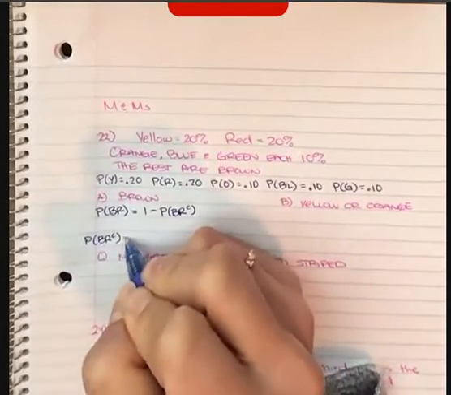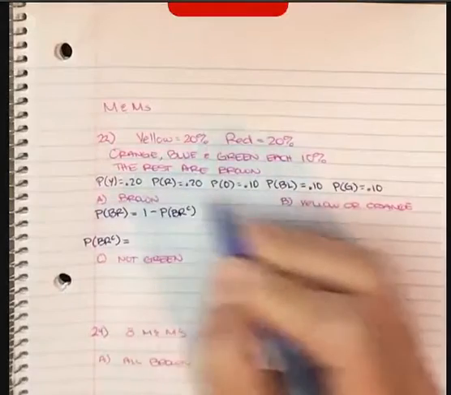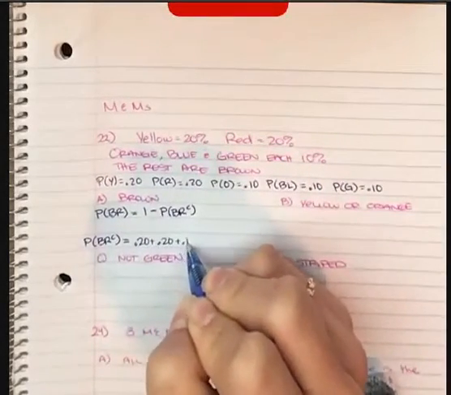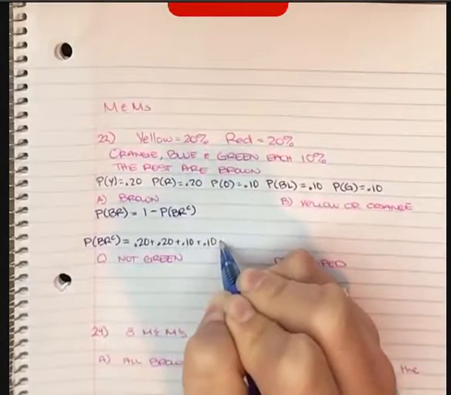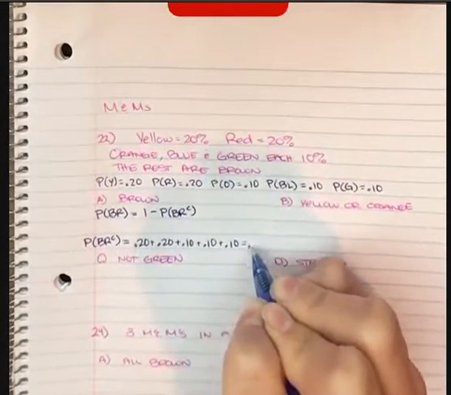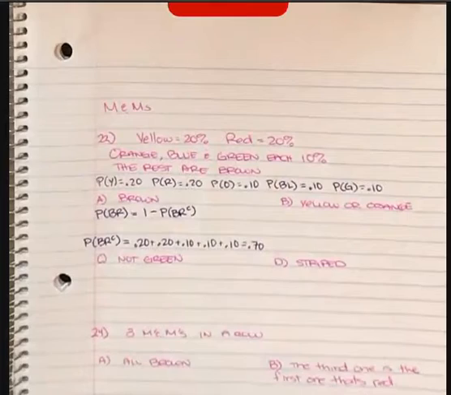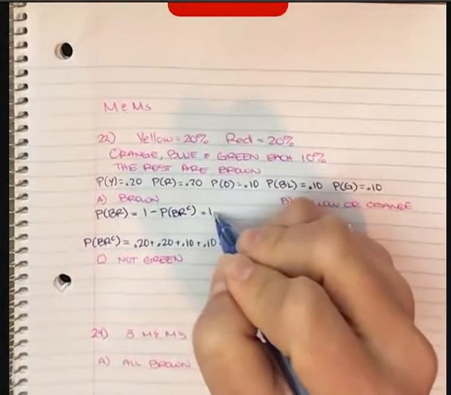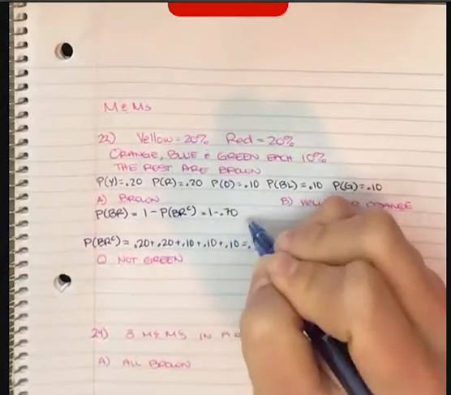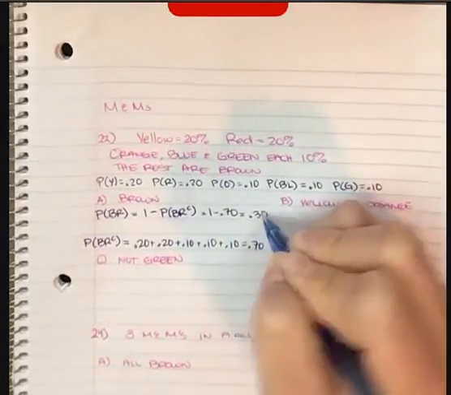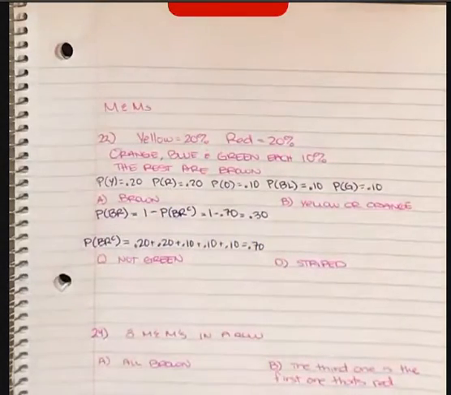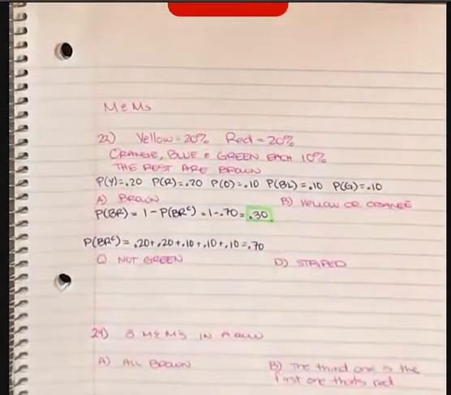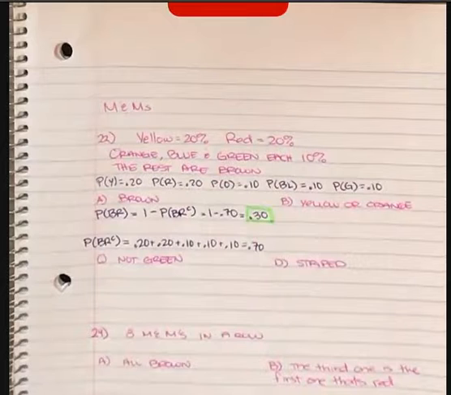It's all of these put together, so it's 0.20 plus 0.20 plus 0.10 plus 0.10 plus 0.10, which is 0.70. So that's the probability of not brown. So the probability of brown is 1 minus 0.70, so it's 0.30. Okay, so that is our first answer. Our probability of brown is 0.30.